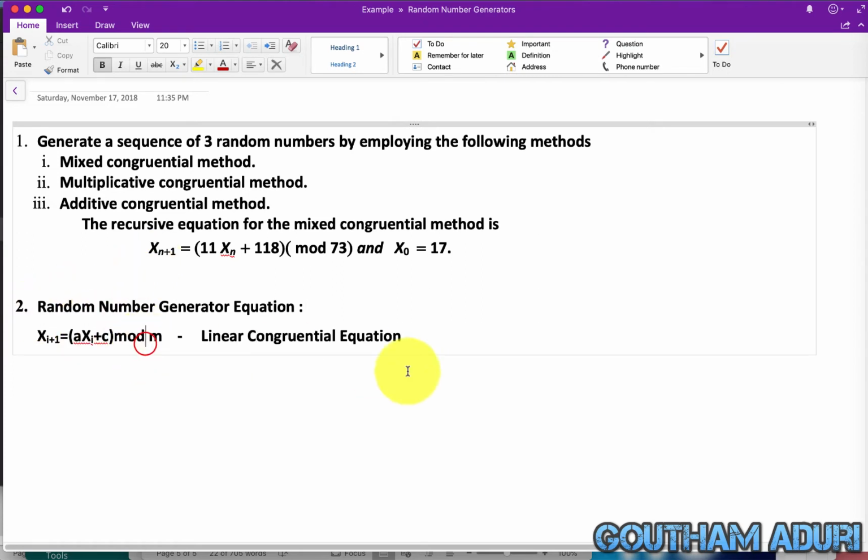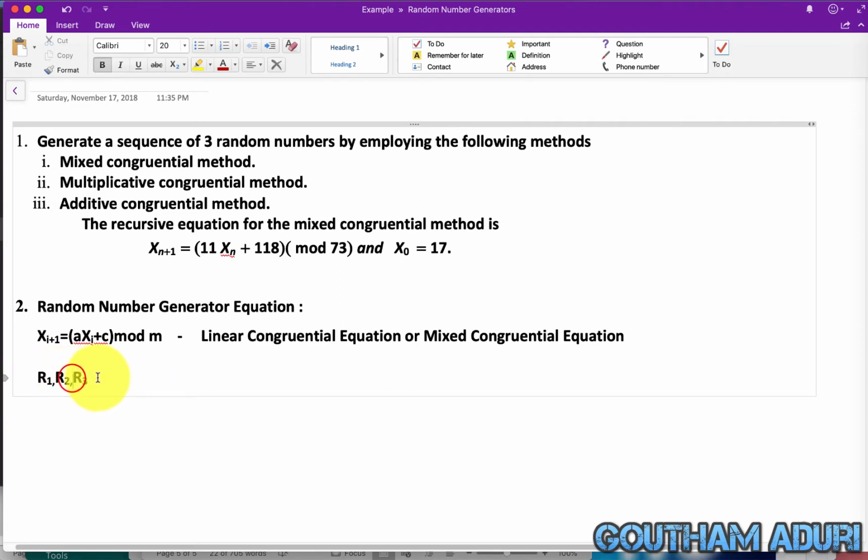This is the linear congruential equation, or mixed congruential, linear or mixed, both are the same. Three random numbers means I have to generate R1, R2, R3.